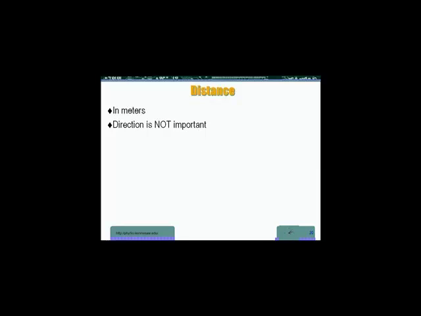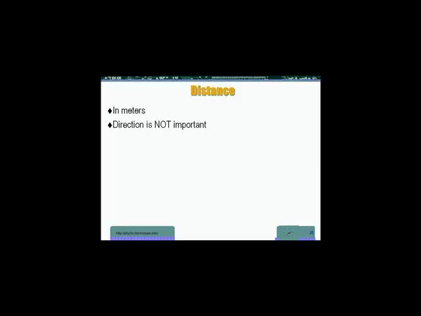Direction is not important. Now, what makes a distance different from a displacement is the fact that a distance is an overall length. It depends on the actual total motion. It depends on the way the motion happens.